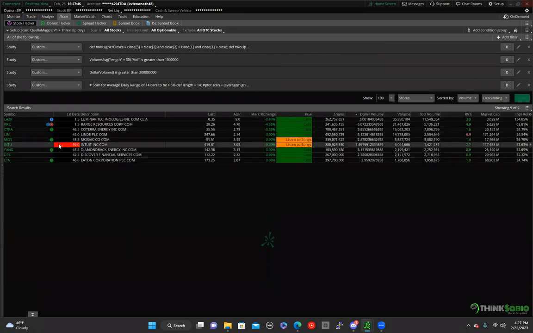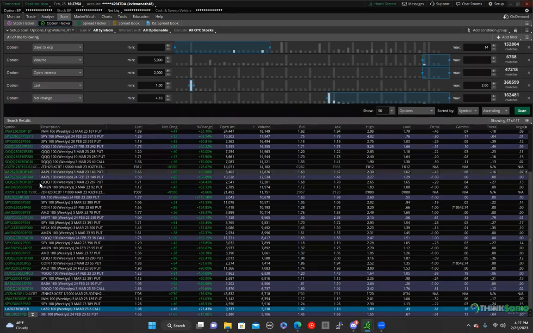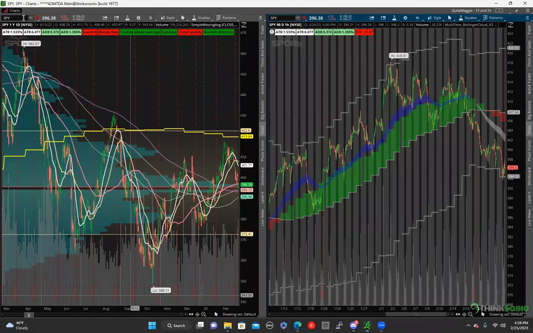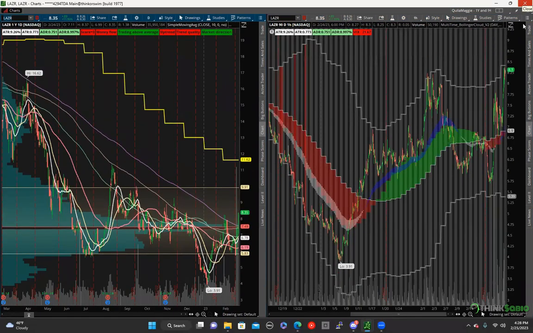If I run this scanner, I also see LAZR when I sort by dollar volume. And if you look at the options hacker, you also see LAZR. So something is cooking there. If you look at the LAZR stock chart, it's also close to earnings, I believe.